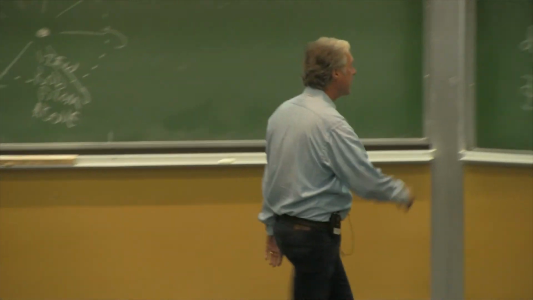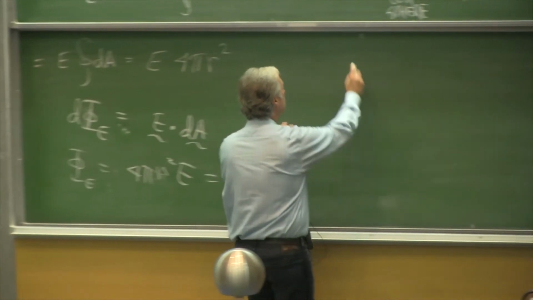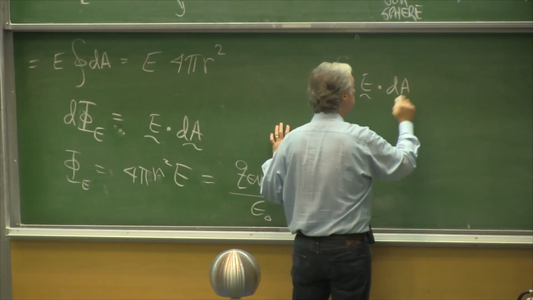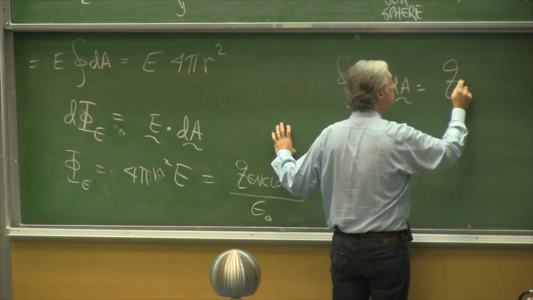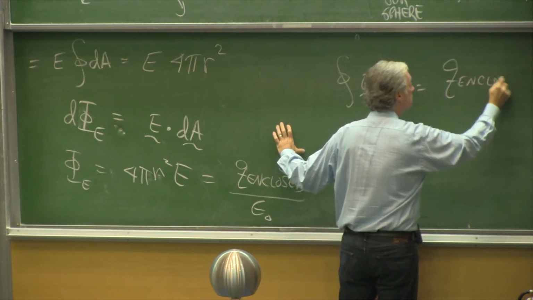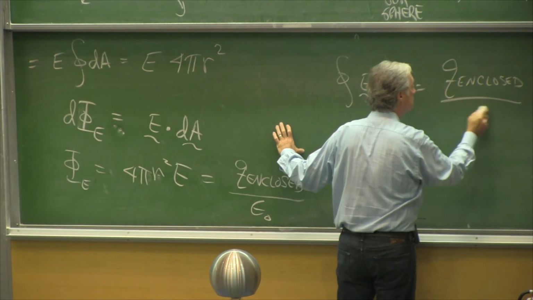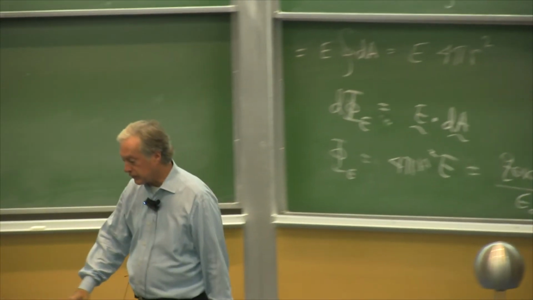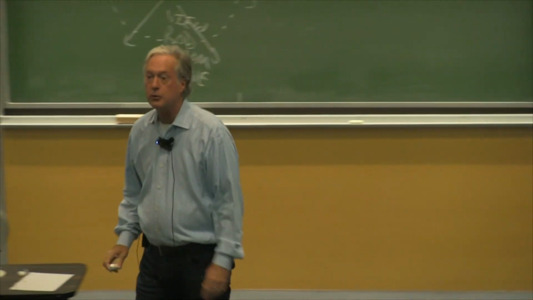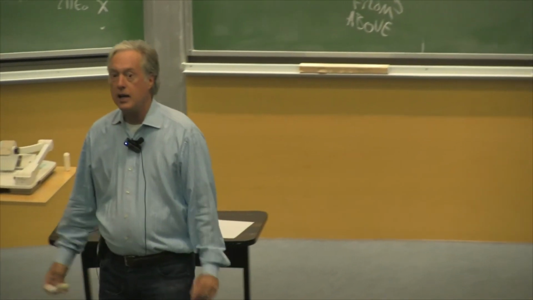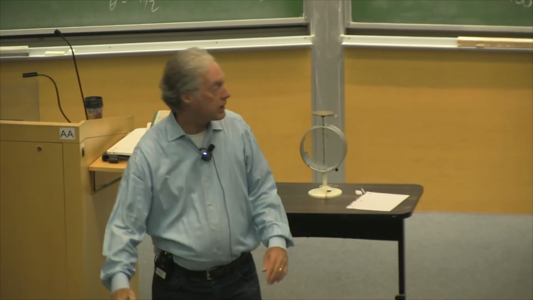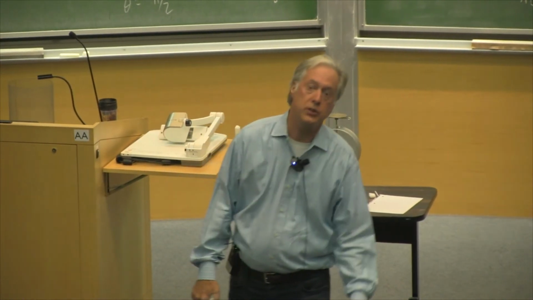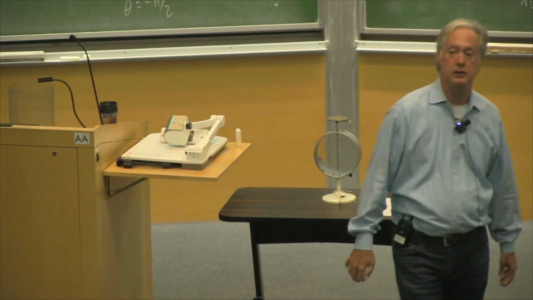So what we are writing here is this. The electric flux through a closed surface, the net electric flux through that closed surface, is equal to the magnitude of the charge that's enclosed divided by epsilon naught.